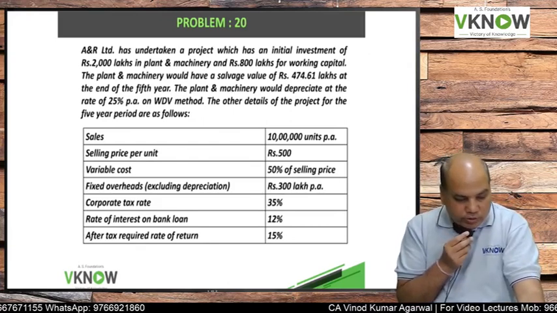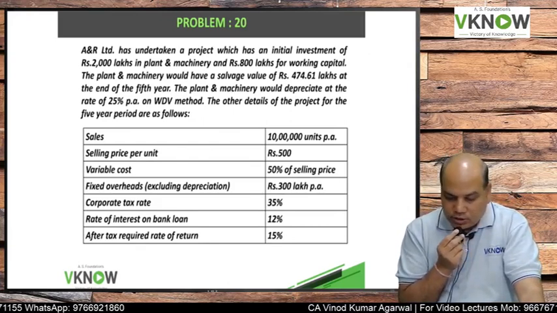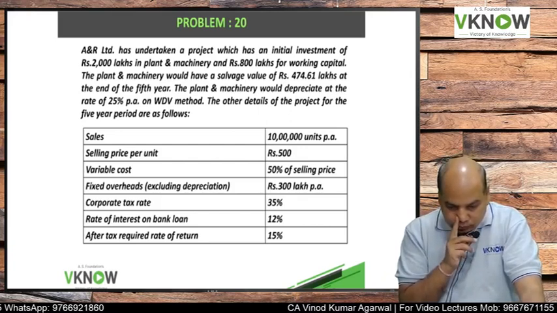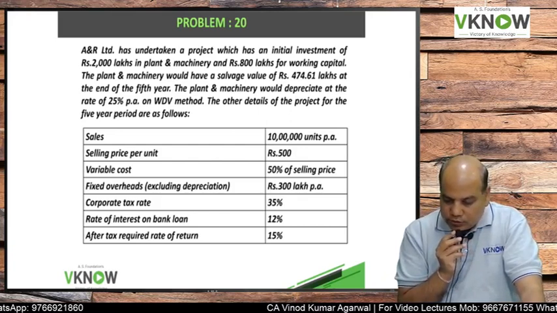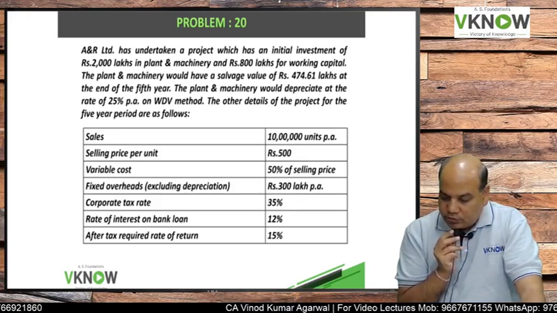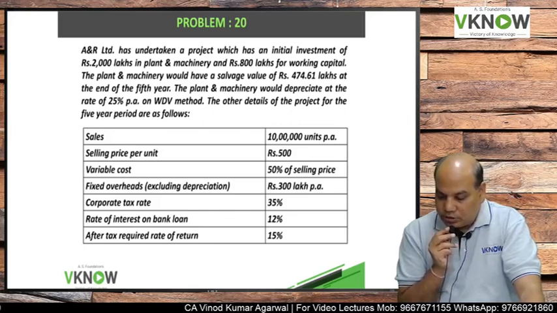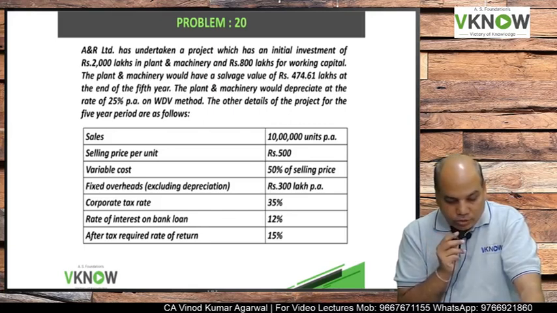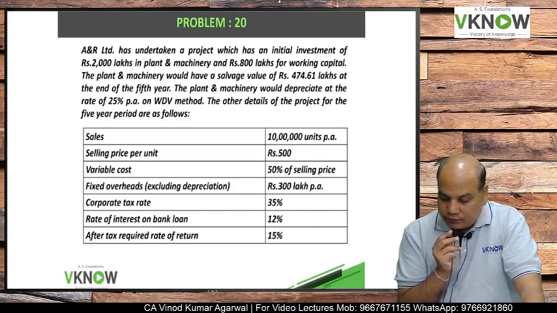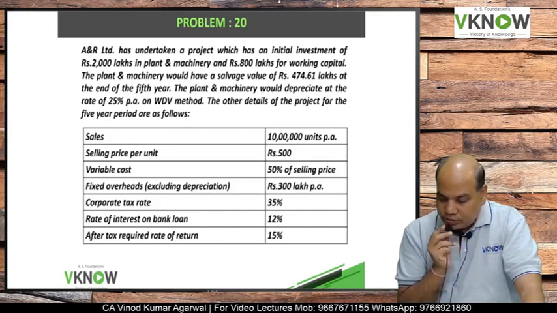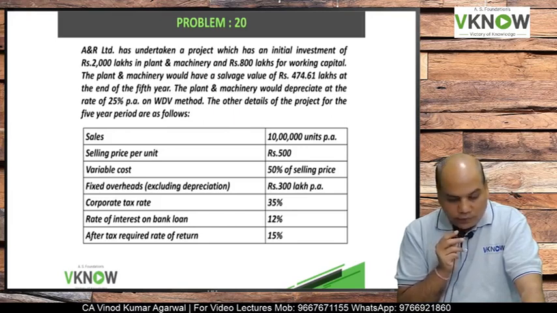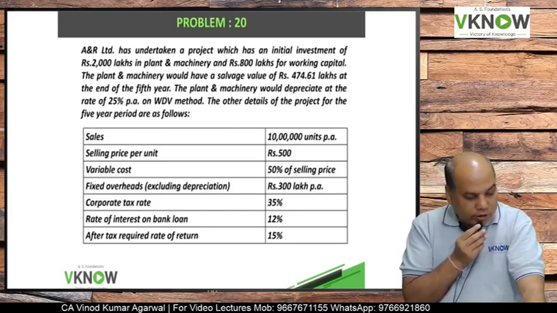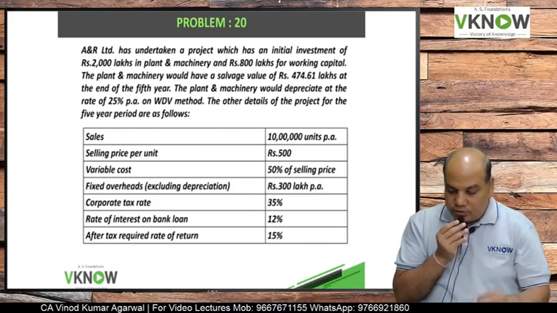The other details of the project for the 5 year are as follows. Sales selling price per unit, then variable cost is 50% of selling price, fixed overhead excluding depreciation 300 lakhs per annum, corporate tax rate 35%, rate of interest on bank loan is 12%, and after tax required rate of return is 15%.